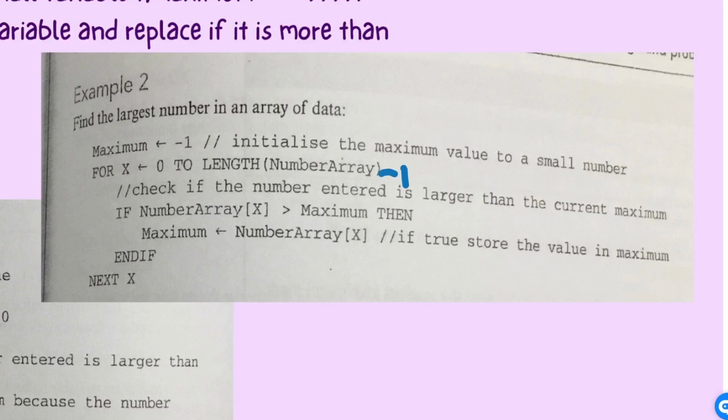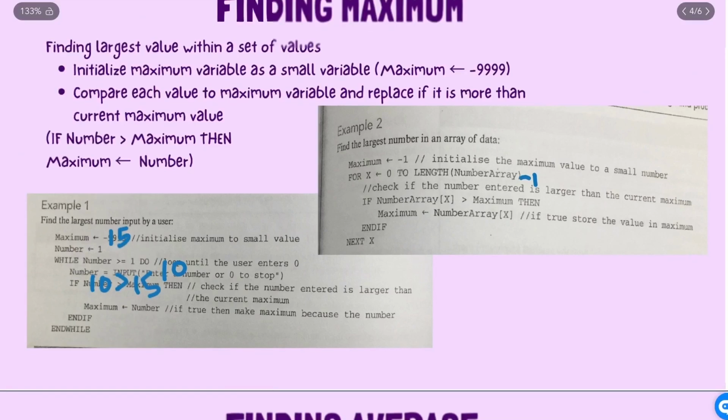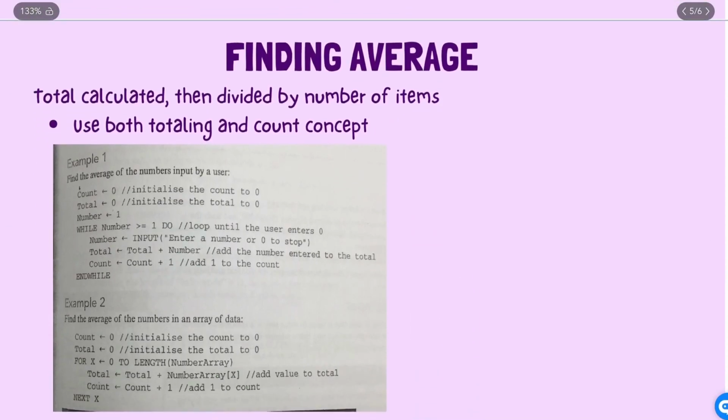So if it were like 8, as our number array x is more than -1, yes it is, so our new maximum becomes 8. And this just continues.